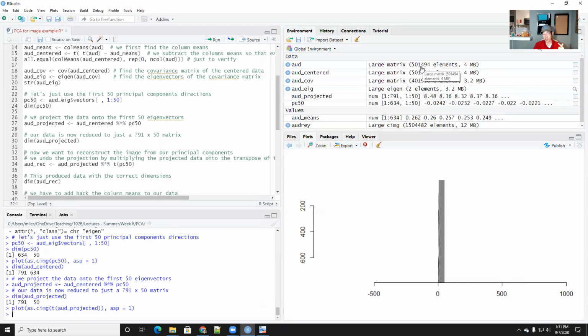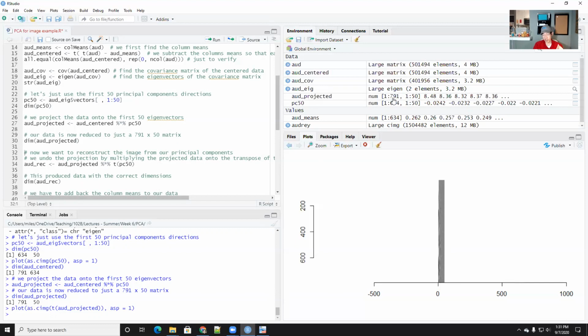The original data has 501,000 elements to keep track of. When we do dimension reduction, we've reduced it to a much smaller thing, 791 by 50. So this is a lot fewer elements.